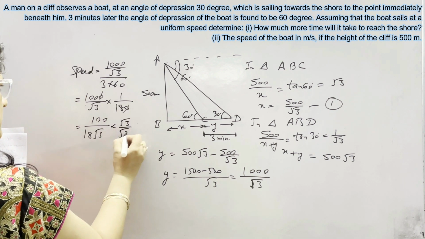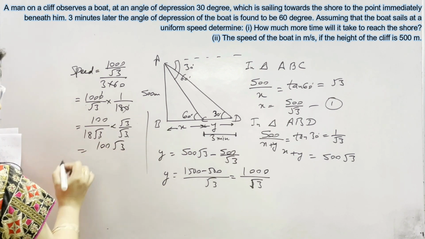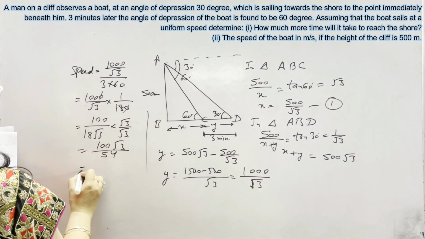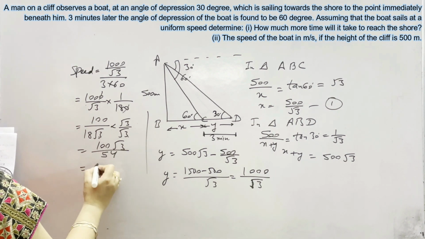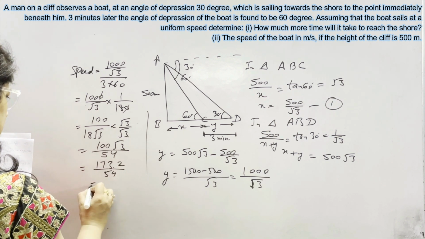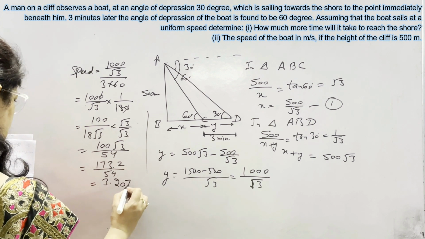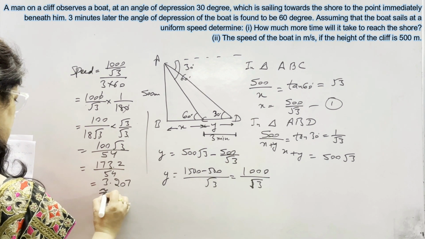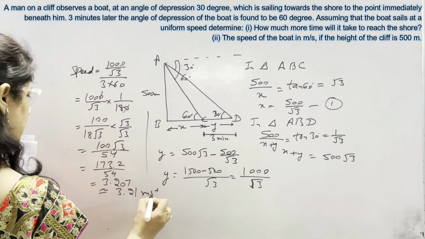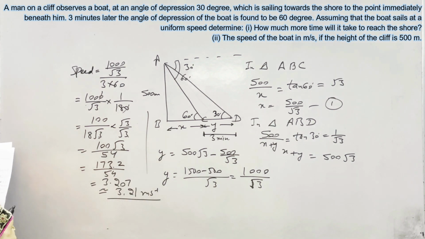We can rationalize this also. So 100 under root 3. Now here 3 into 18. It means 54. So 1.732 into 100. It means 173.2 divided by 54 and 3.207, or you can say approximately 3.21 meter per second is the speed of the boat.